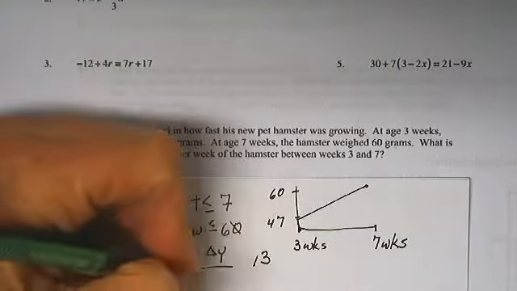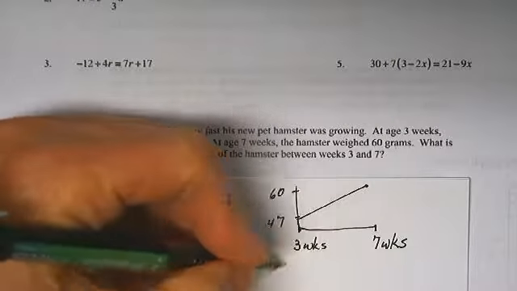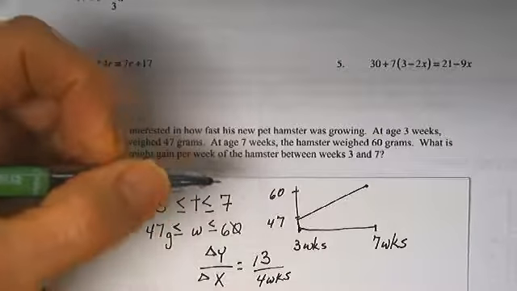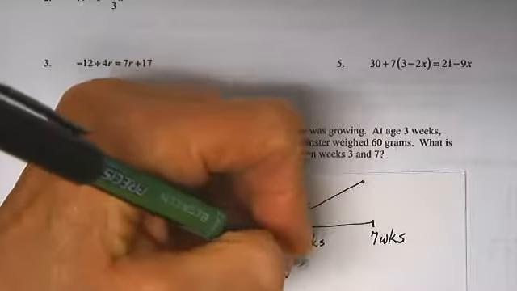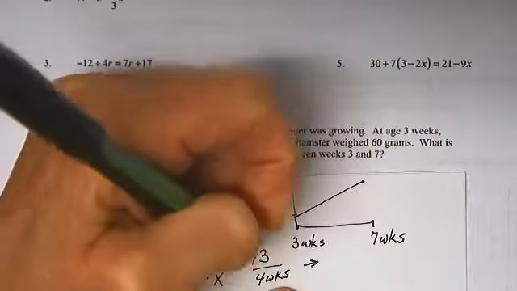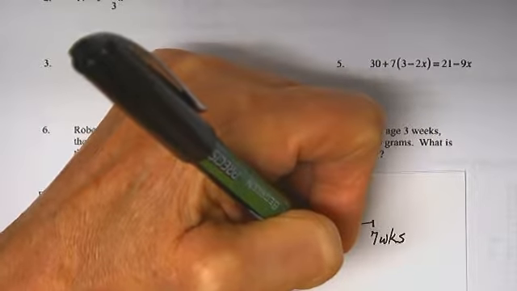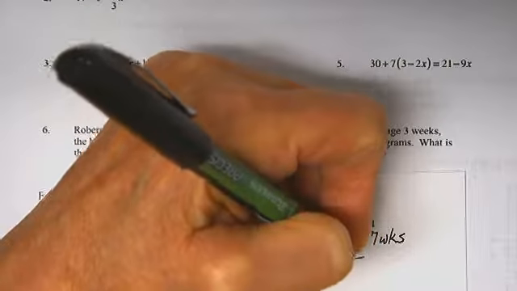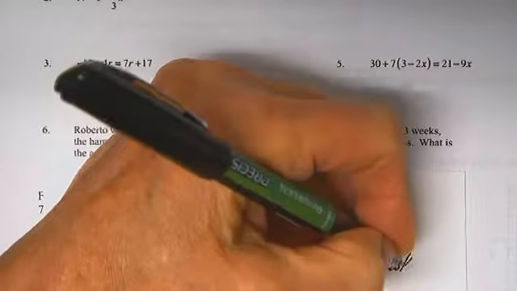My change in x is 4 weeks. So if we have 13 grams in 4 weeks, that is 13 divided by 4, which is 3.25, or 3 1/4 grams per week.